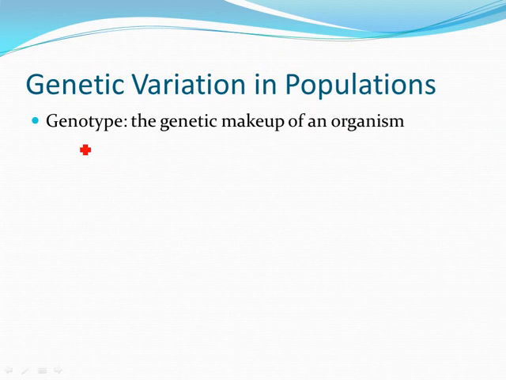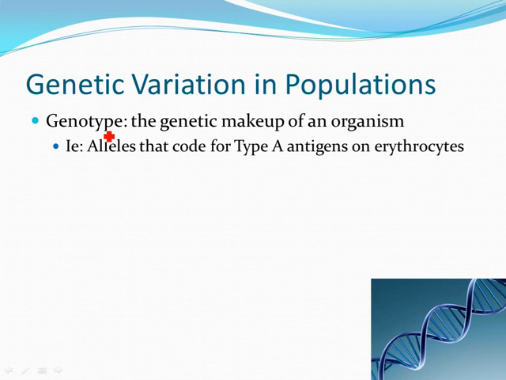Okay, a lot more terminology. Genotype. This is the genetic makeup of an organism. When we're talking about the genetic makeup, we're talking about the DNA. So for example, these alleles code for type A antigens on erythrocytes. Anybody remember what antigens are once again? Disease-causing?